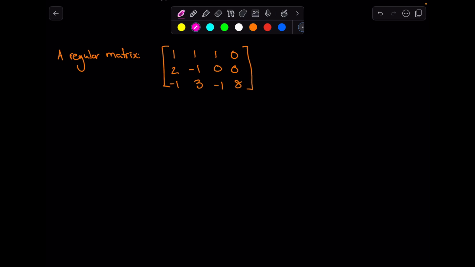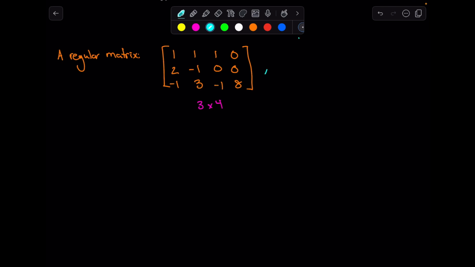And what I mean is, for starting, a regular random matrix might look something of the form, I don't know, let's write a few varieties. So 1, 1, 1, 0, 2, -1, 0, 0, -1, 3, -1, 8. So this right here is a 3 by 4 matrix.